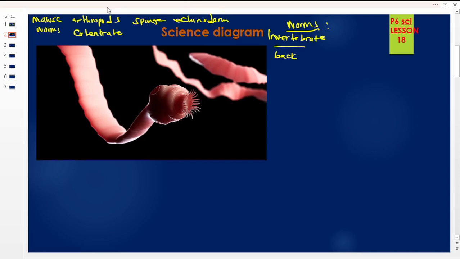These were the 6 classes of animals without a backbone. Today we are going to look at one class, and that is the class of worms.